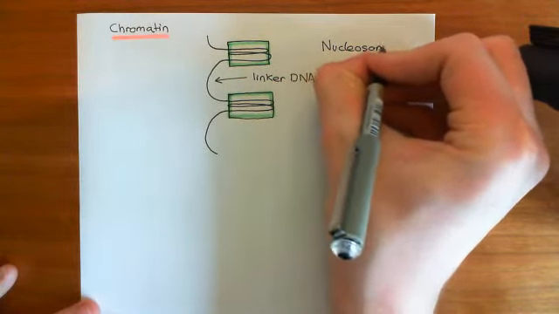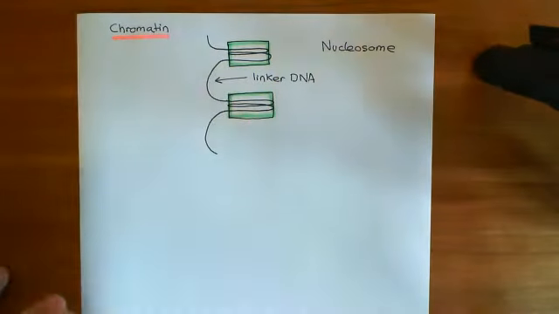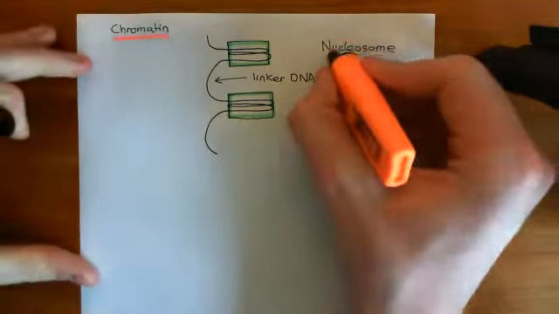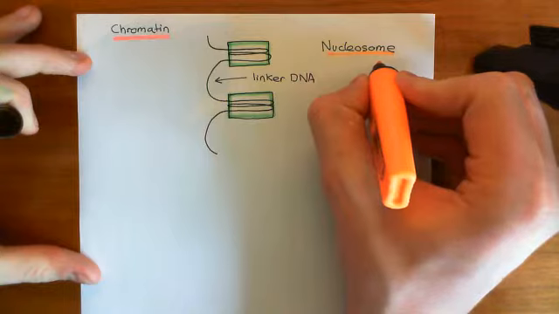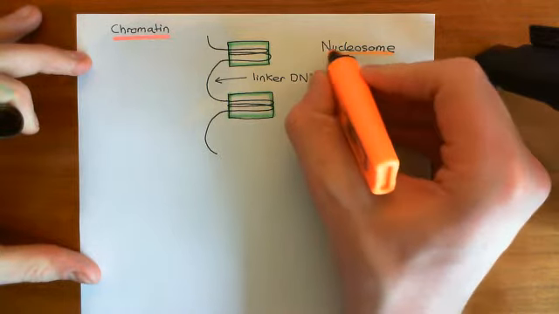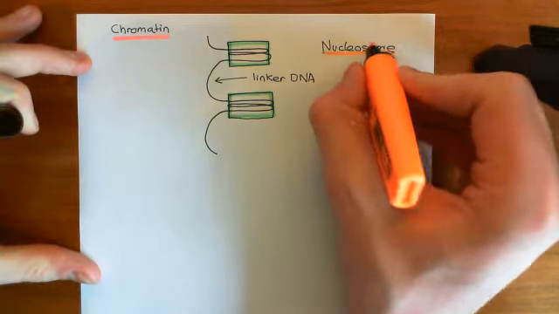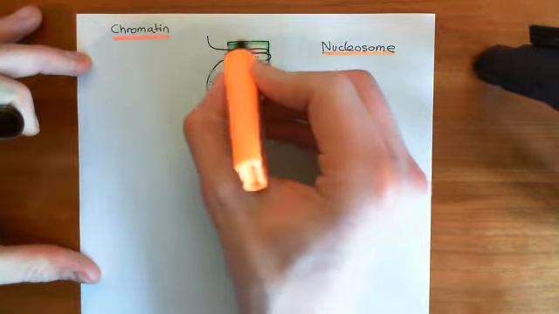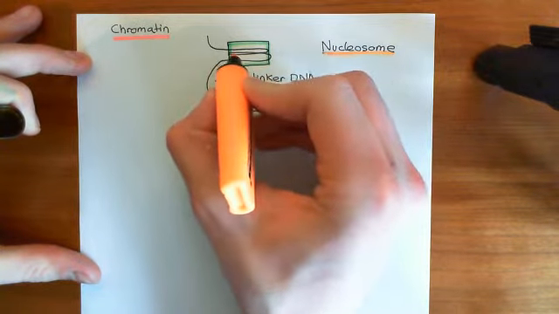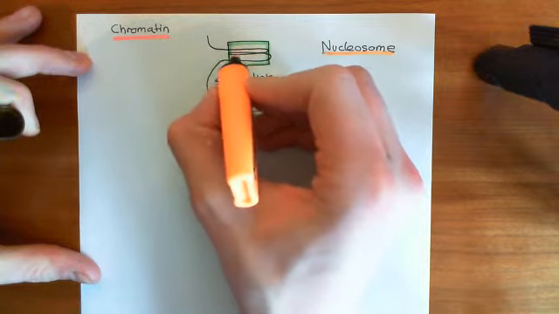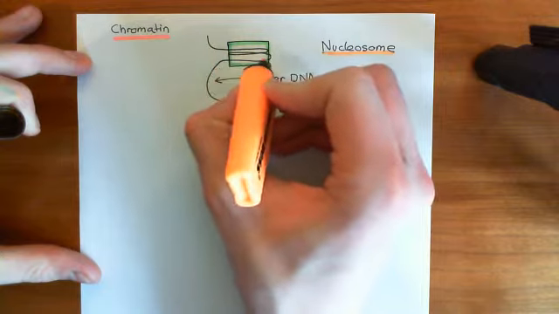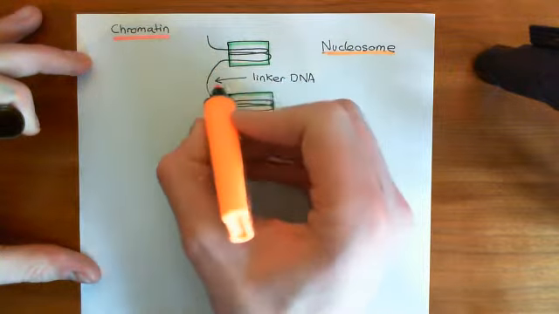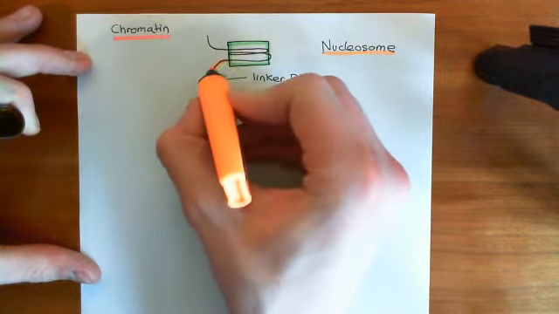A nucleosome is the repeating unit of chromatin. If we look at chromatin, what is the repeating unit? People often mistakenly say that a nucleosome is the histone core complex with DNA wrapped around it, but that's not quite true. It's close, but if you just have that, you don't have chromatin. Chromatin has to include the linker DNA as well.